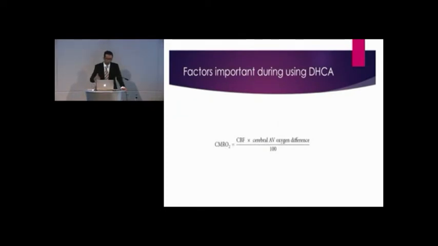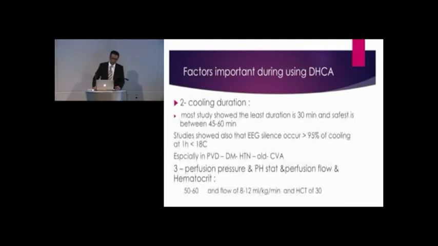And Nicole also talked about the cerebral metabolism ratio and oxygen consumption, and this is the formula for how to calculate them. The second very important topic when you talk about deep hypothermic circulatory arrest is cooling duration. Let's say you want to go to 18 degrees.